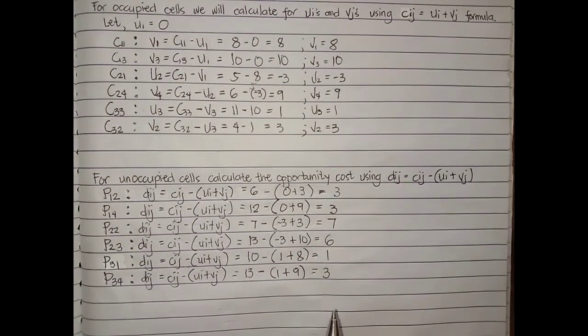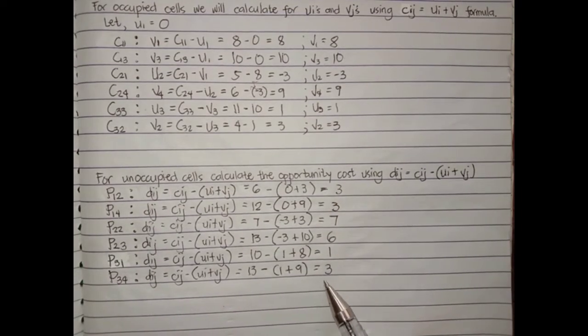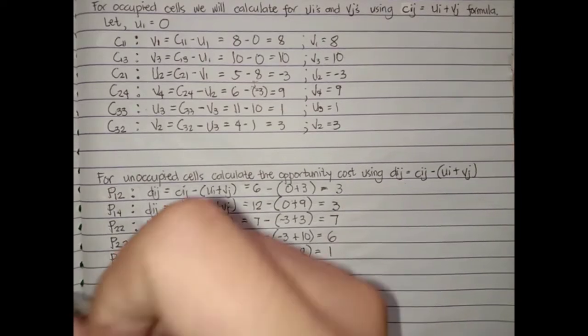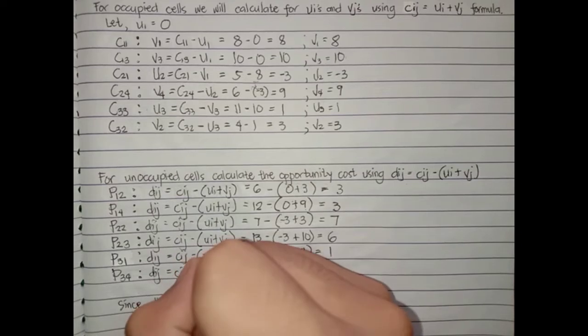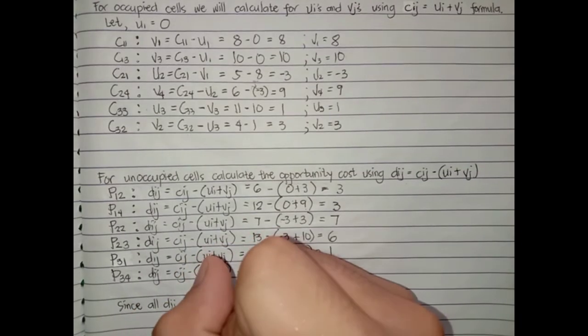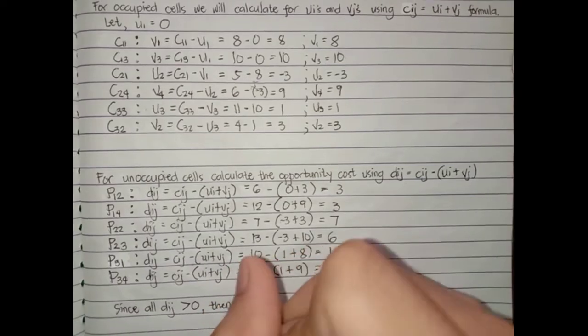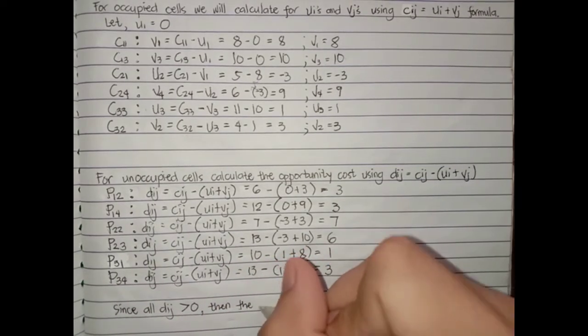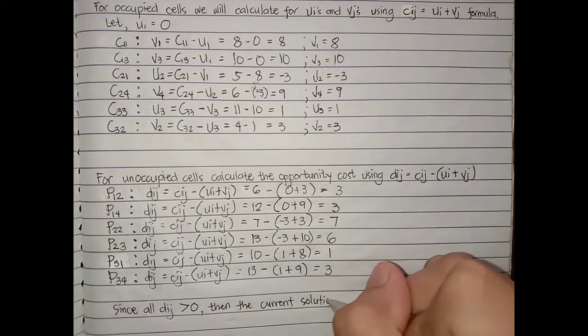Looking at the values of our unoccupied cells, since all Dij are greater than 0, the current solution is optimal.